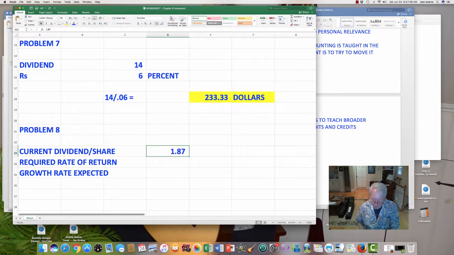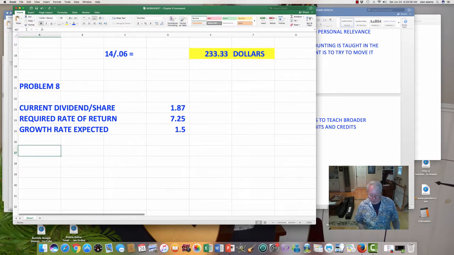The required rate of return that we're expecting is 7.25. Okay, and the growth rate that we do expect for the stock is going to be 1.5%. Those are all the pieces of data that I think you need to know to solve this problem.